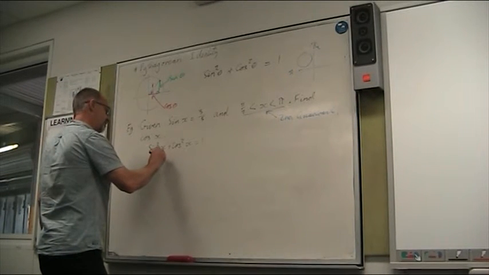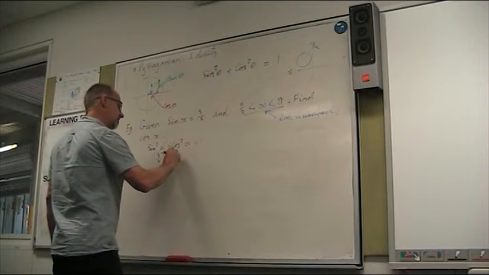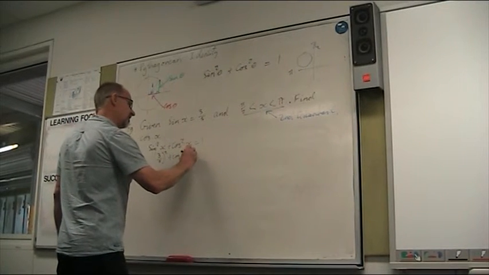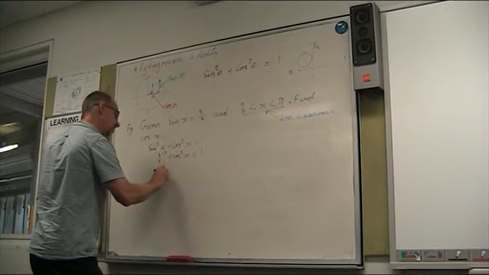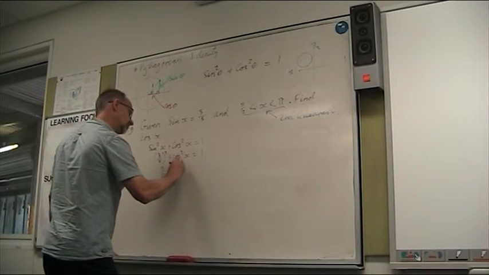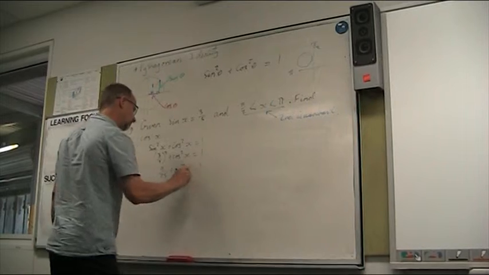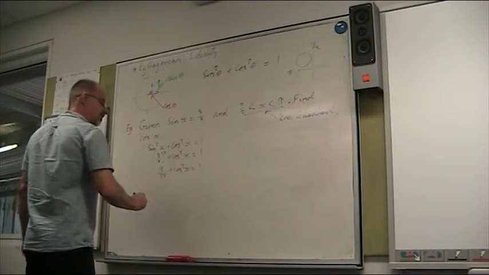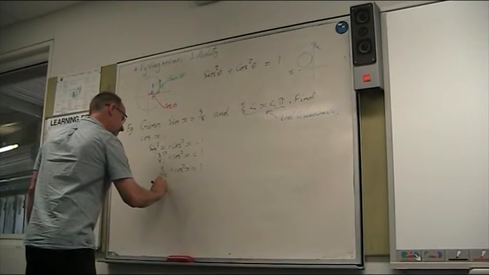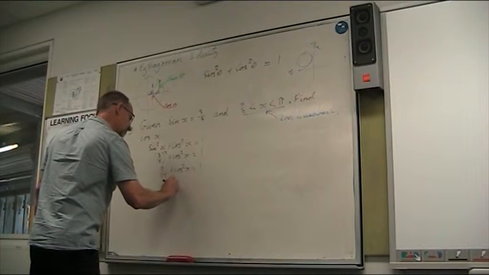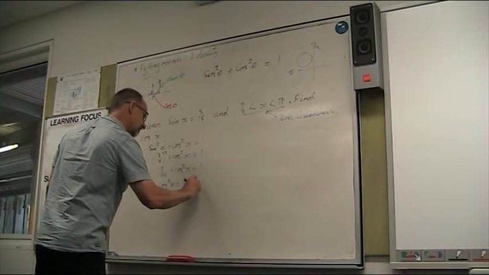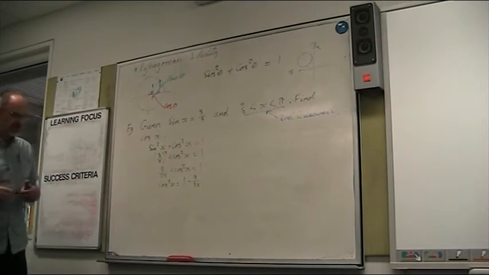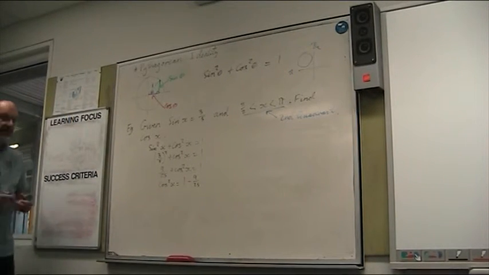So 3/5 squared plus cos squared x is 1. It should be 9 on 25, I hope. Take 9 over 25 from both sides. So 1 minus 9 over 25.